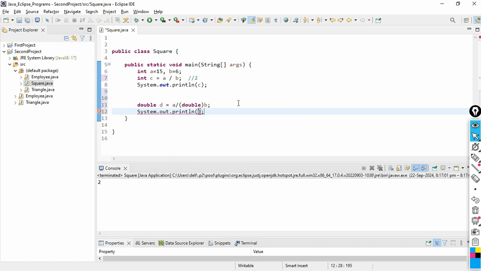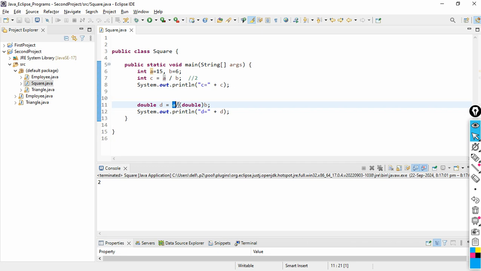Let us consider now D. Let me show you here. D is equal to plus D, and here I also make changes: C is equal to plus C. Now let us see the output. A is integer data type and B is typecasted to double.